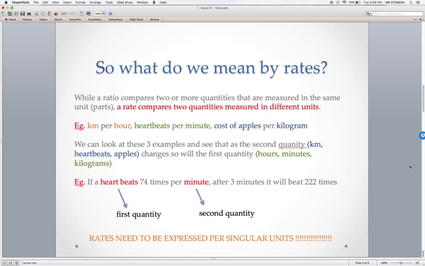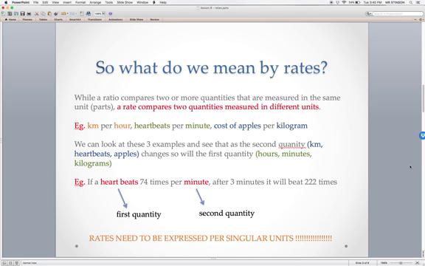For example, kilometres per hour, heartbeats per minute, or the cost of apples per kilogram. Now we can look at these three examples and see that as the first quantity, the kilometres, the heartbeats, or the cost of apples increases, so will the second quantity, the hours, the minutes, or the kilograms.